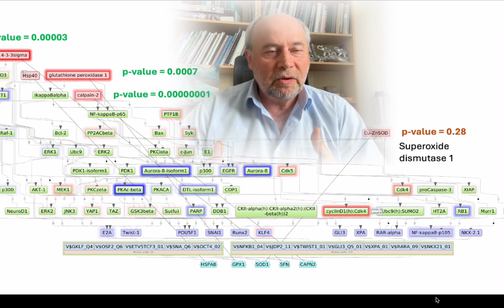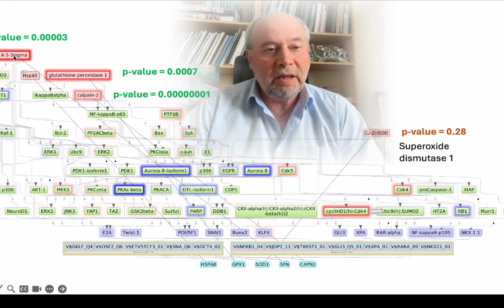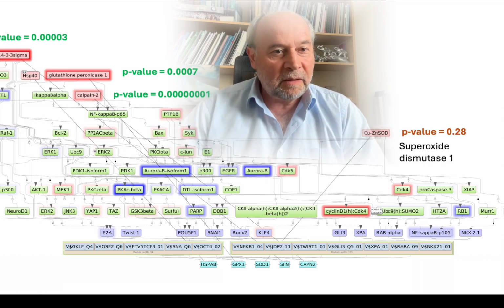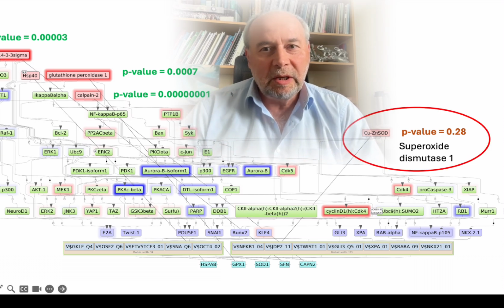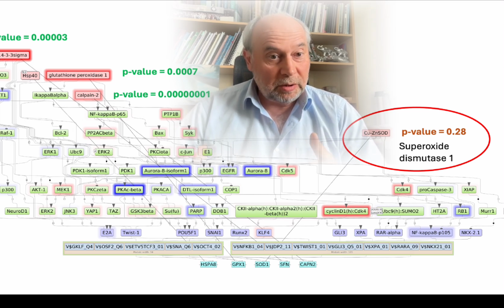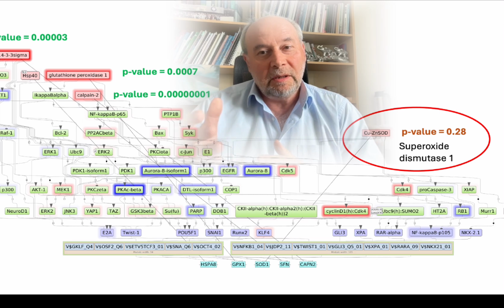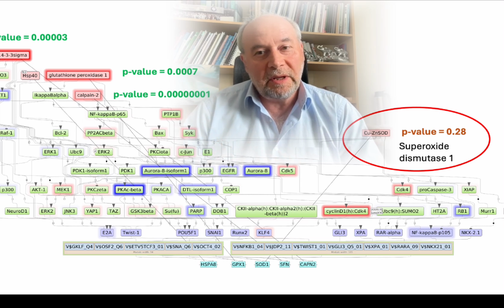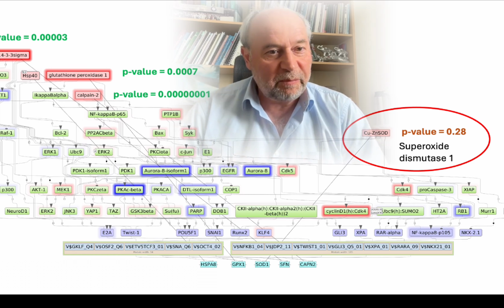Individual genes, individual proteins on this diagram, like those in red here, are significant by themselves. But some, like this superoxide dismutase 1, SOD1, appear to be very important for the whole function of that network. But when we estimated the p-value of that individual protein, it was above 5%.